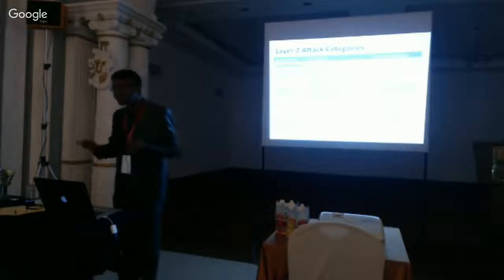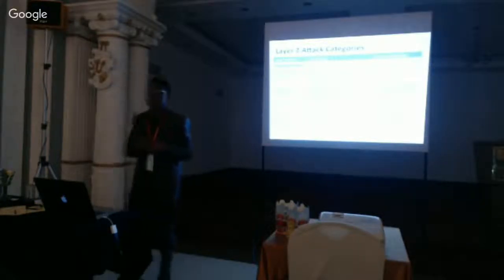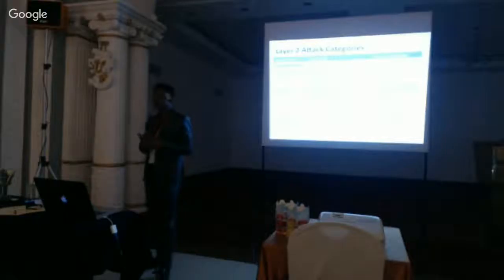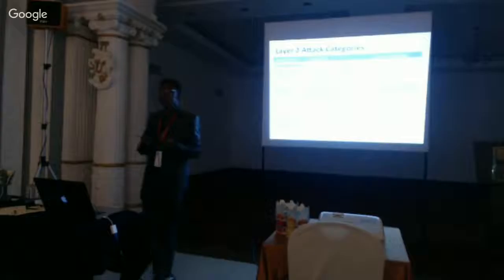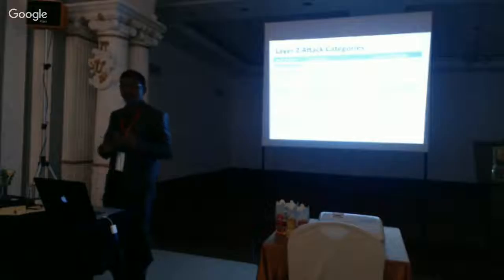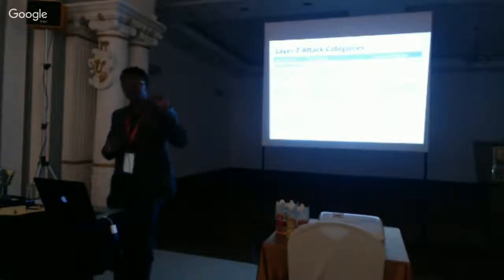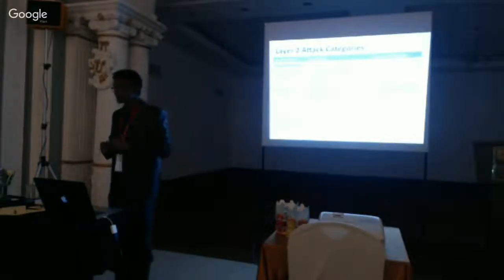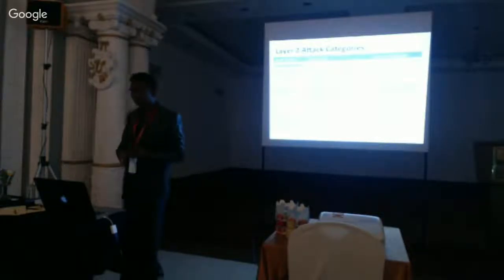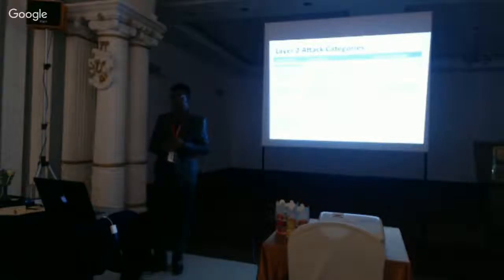If your legitimate users request DHCP from your DHCP server, there is no available IPv4 or IPv6 address in your legitimate DHCP server. Then it cannot give an IP address to your customers or legitimate users. That is one kind of attack, called a DHCP starvation attack.